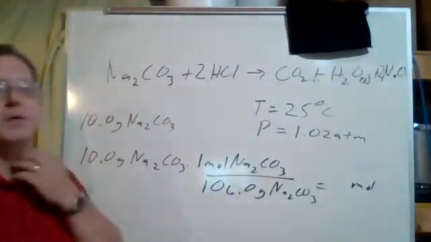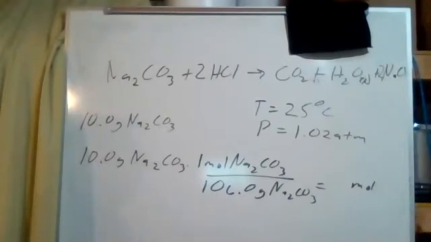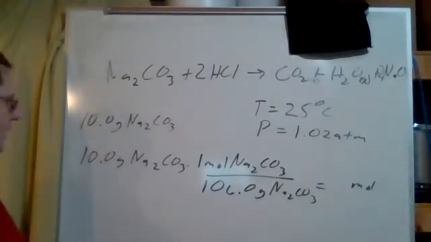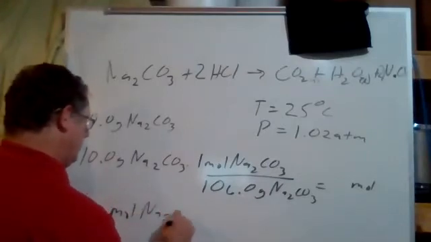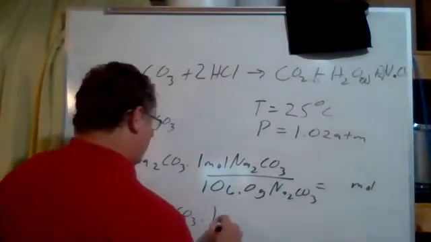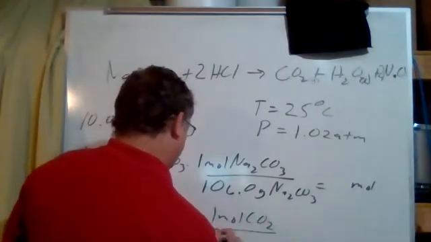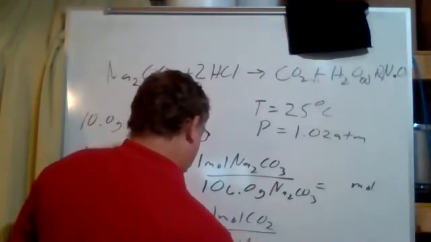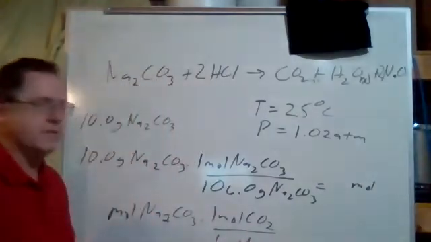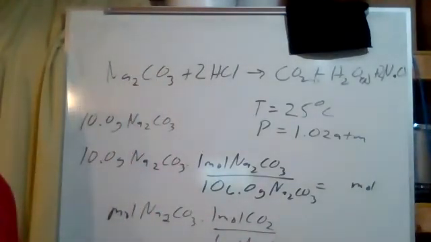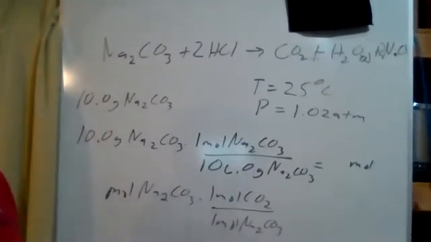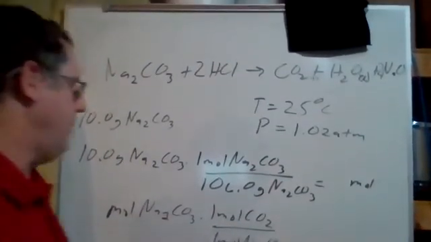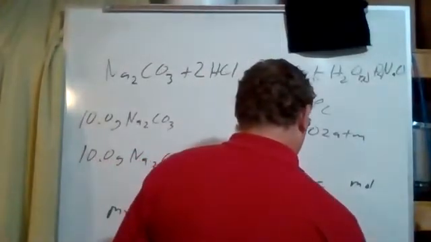And this is going to give me moles of Na2CO3. And I can take the moles of Na2CO3 times 1 mole of CO2 per 1 mole of Na2CO3. So this is going to give me my moles of CO2.